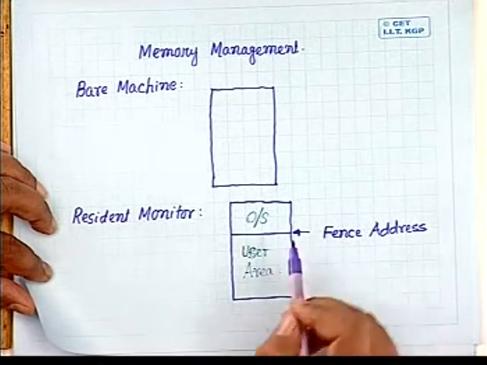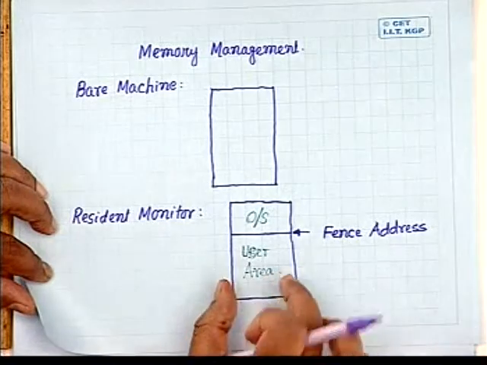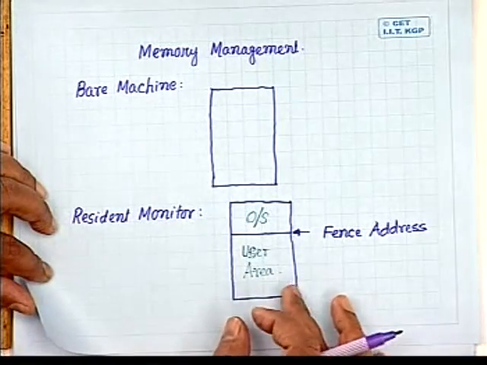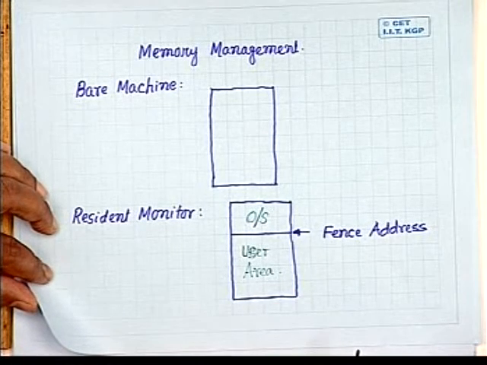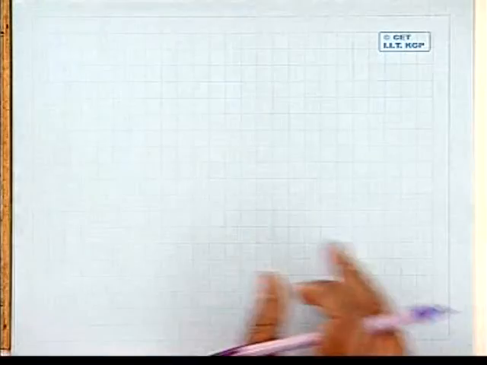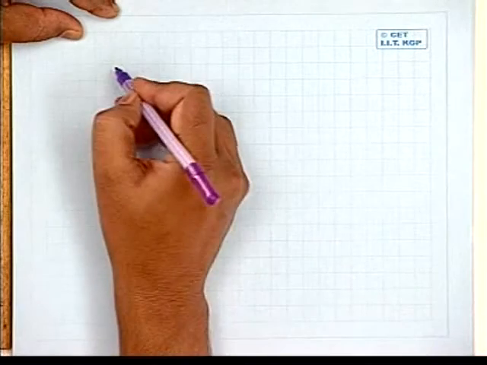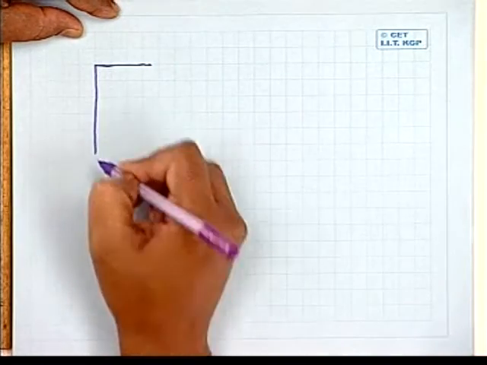It is not much suitable for a multi-user system. However, this model itself can be converted to a multi-user system if we incorporate what is called swapping. In that case, our model will be something like this. In the main memory, we still have two regions.